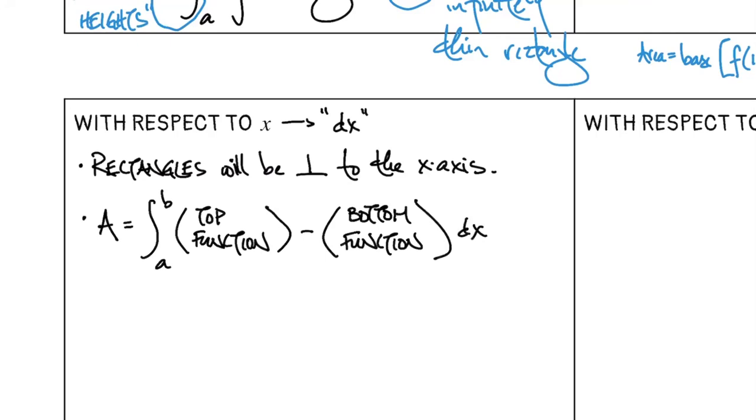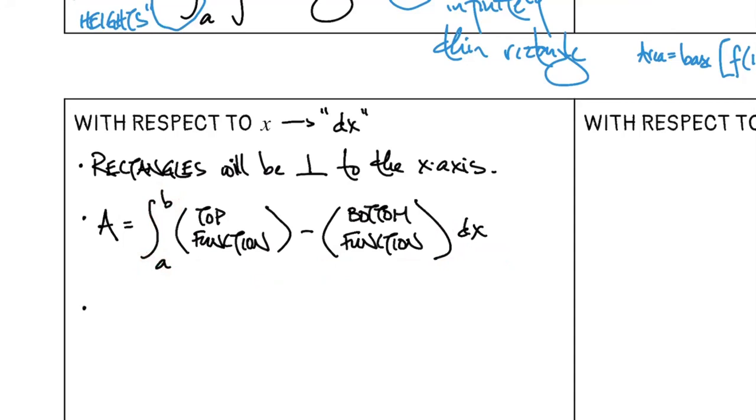This gives the base of every super skinny rectangle, and this part gives you the height. So we have base times height, but we want to add up every single one of these tiny rectangles starting at A and ending at B.